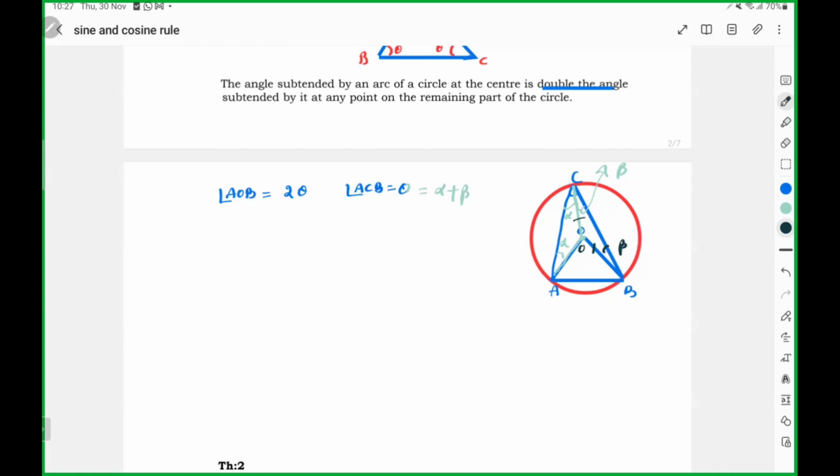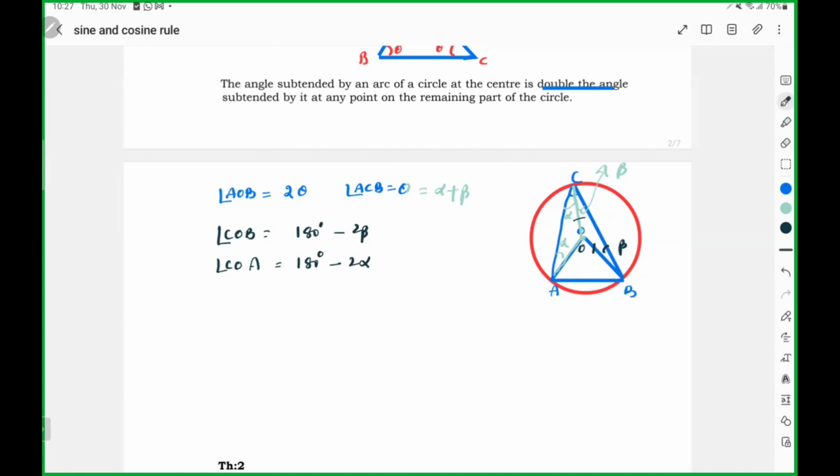And in triangle COB, the sum of three angles is 180. It is 180 minus 2 beta. Angle COA is similarly 180 minus 2 alpha.